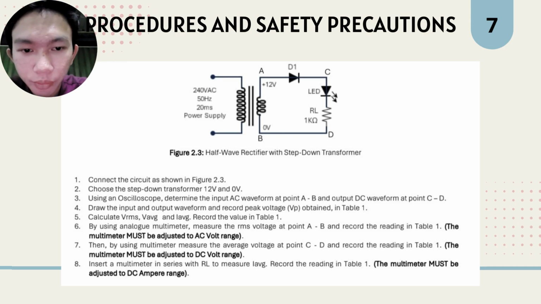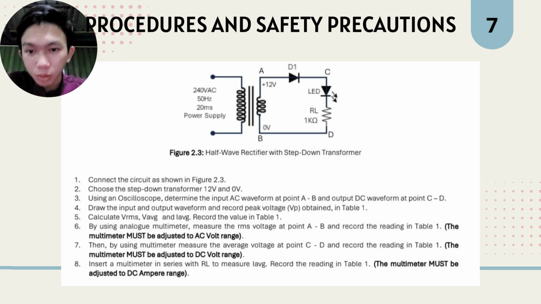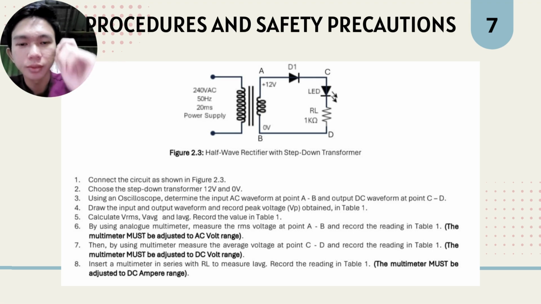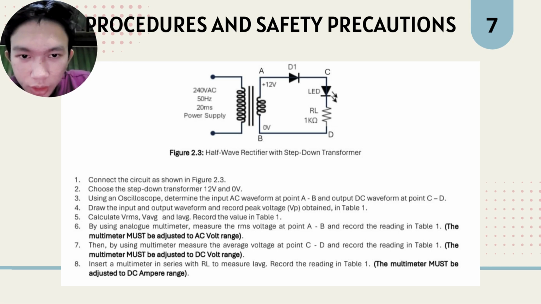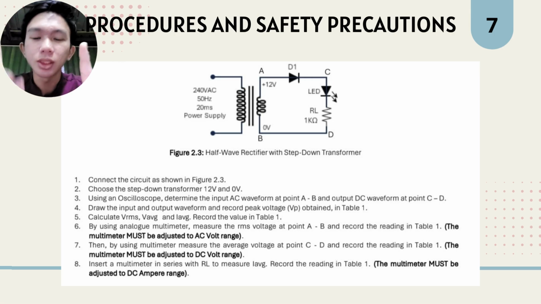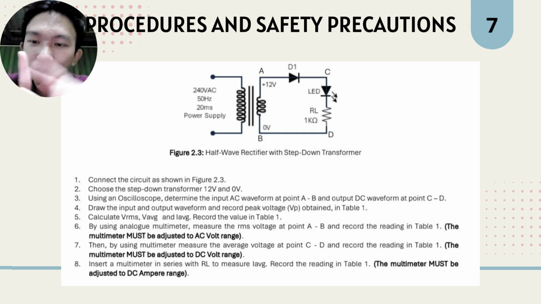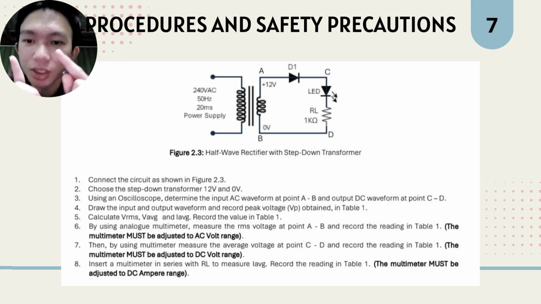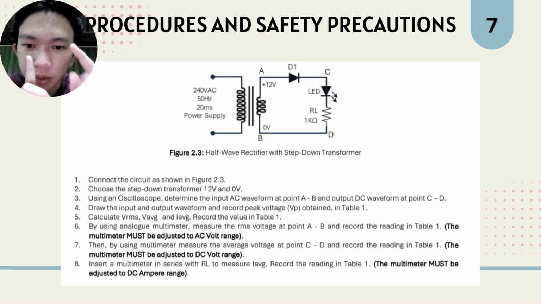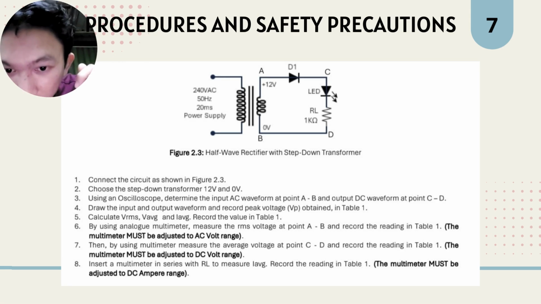For this part, we need to separate, open the path between the LED and the resistor. The multimeter probes: connect the negative side of the LED to the positive probe, then the negative probe to the positive side of the resistor. That is what it means. So, we will find DC ampere.